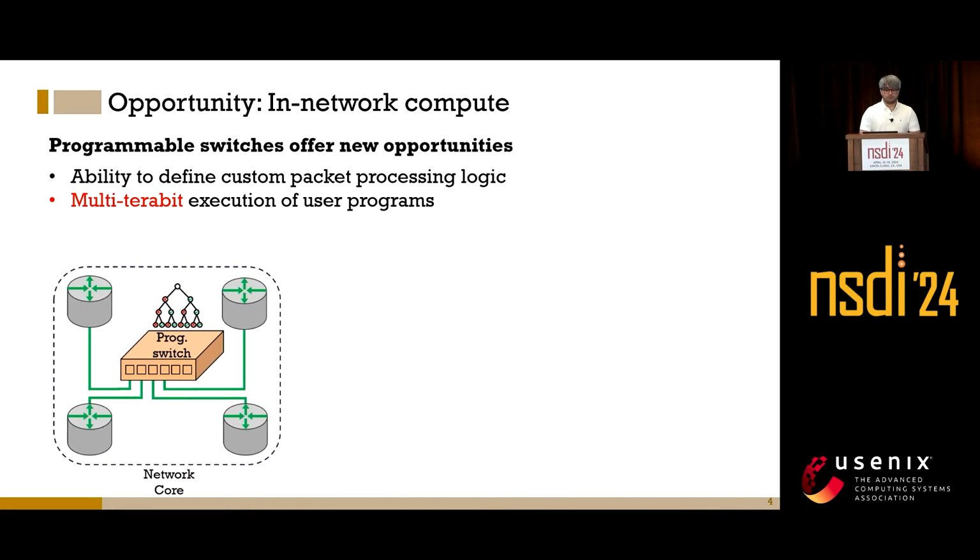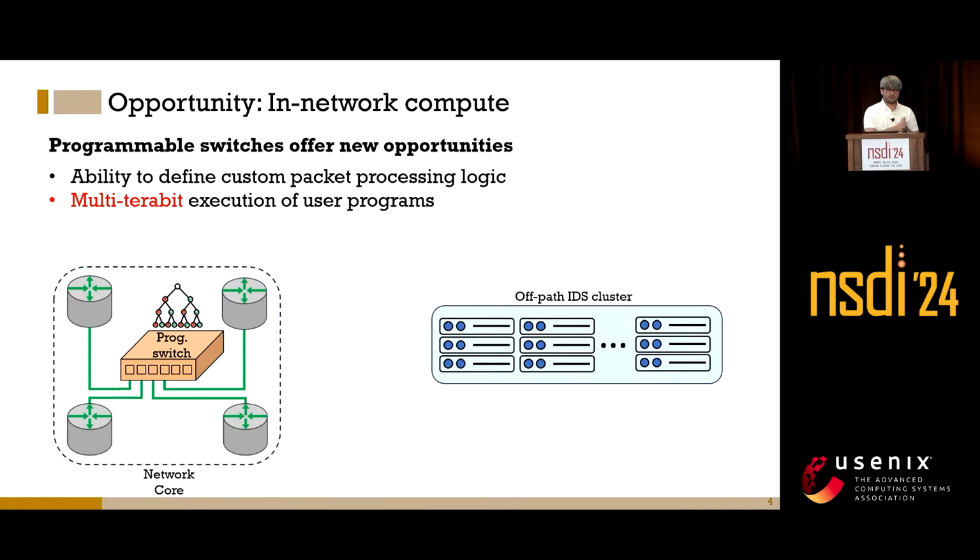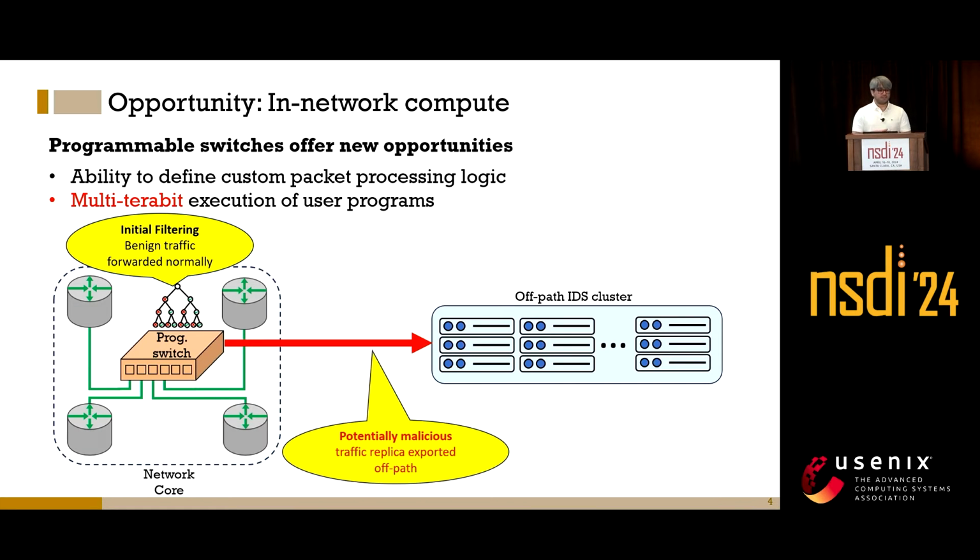So for example, we may use the programmable switch in conjunction with an IDS cluster, and the switch then acts as an initial filter, flagging potentially malicious traffic, and then replicating and forwarding it to the IDS cluster for deep packet inspection for more thorough analysis. And this IDS cluster only analyzes a smaller subset of the traffic, thanks to the switch acting as an initial filter.